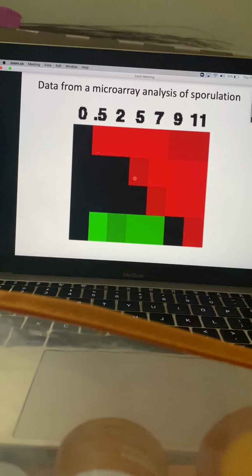Here it starts a little bit and then increases more. And here this one increases much later and then increases more. And this one appears to be repressed here, then it's about equal expression and then increases late. Okay, so this is basically how these are read.